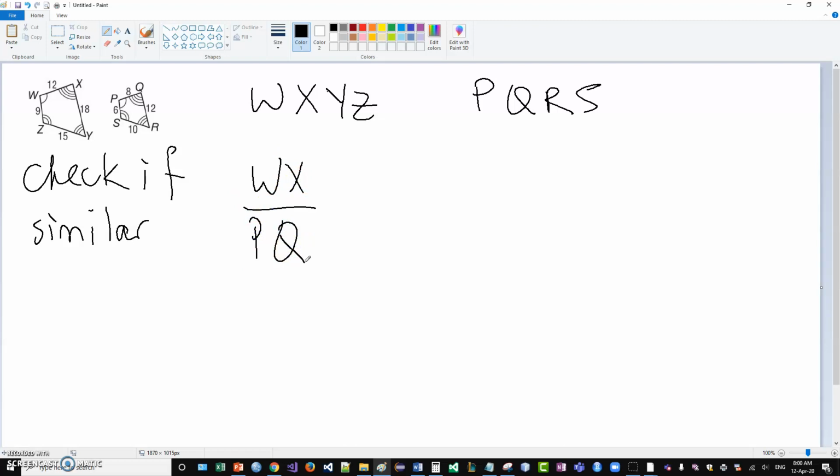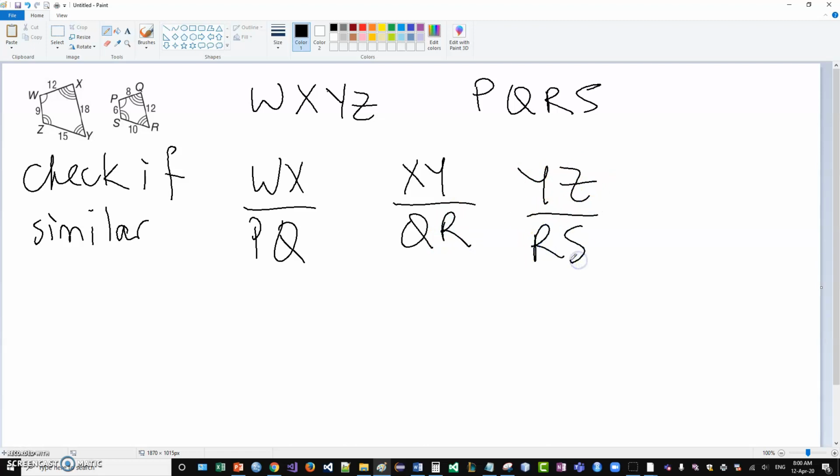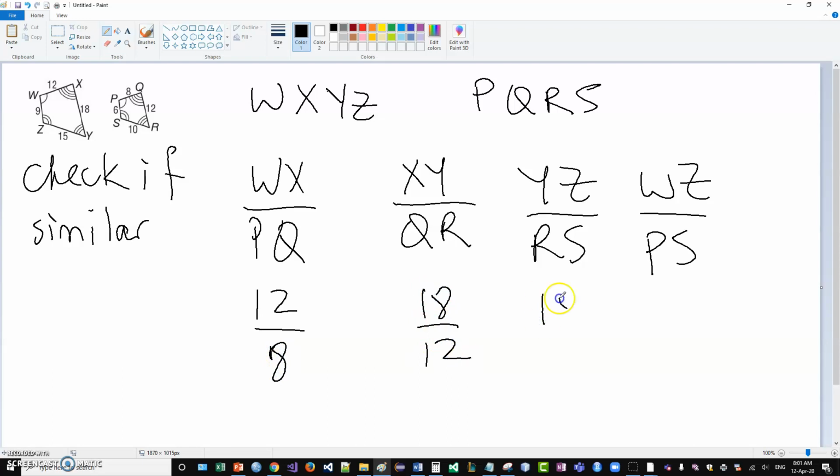and then XY over QR, and then YZ over RS, and then WZ over PS. WX is 12 over 8, and this one is 18 over 12, and this one is 15 over 10, and this one is 9 over 6.